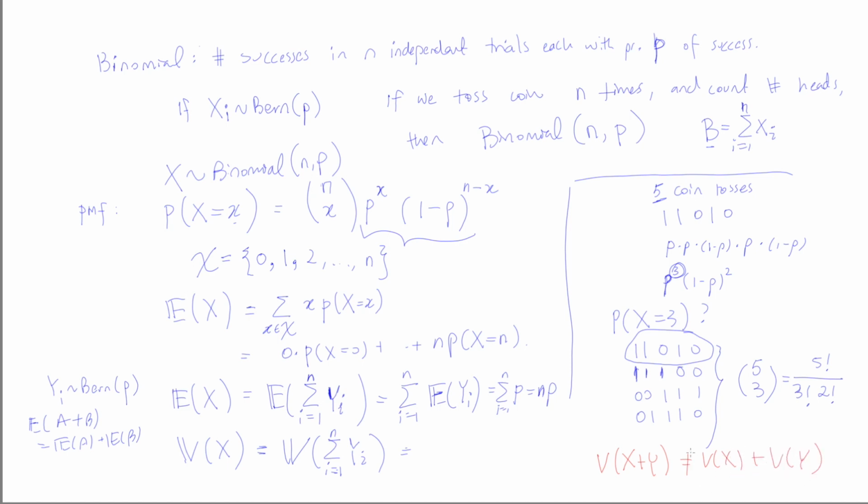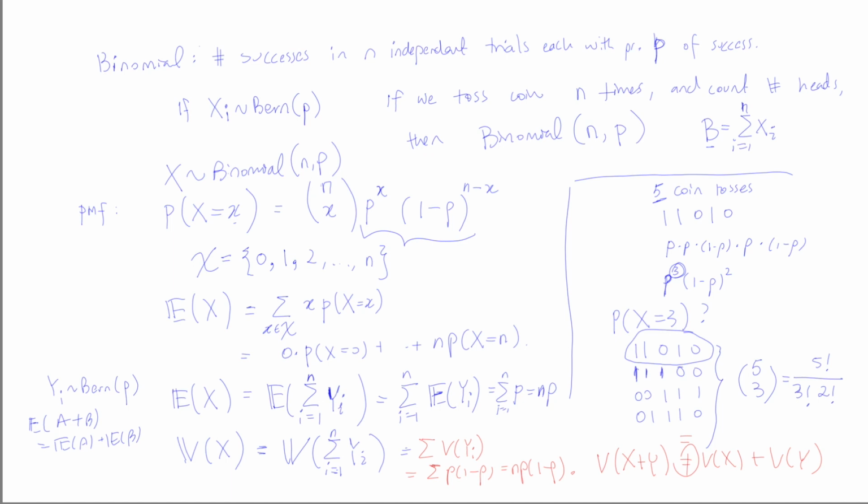This is equal when X and Y are independent. In this case, the Yi's are independent, so we can actually take the sum outside. So we get lucky this time. And we know the variance of Yi from the previous slide, so this is just the sum of p(1 minus p), which is equal to np(1 minus p). And that's the variance of the binomial random variable.